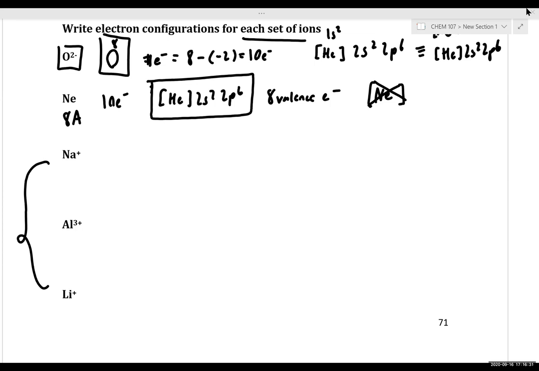And so we have a nice pool of responses. Let's add a few more responses to the chat and we'll discuss in about another 30 seconds to a minute. It's great that I see this pool of responses in the chat and of participation from a wide swath of the class.